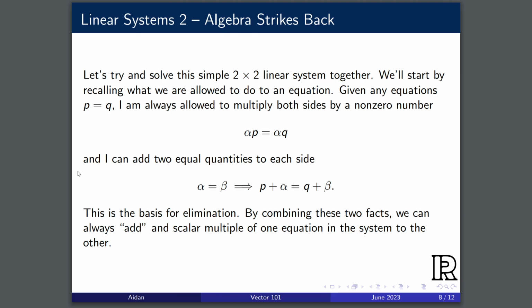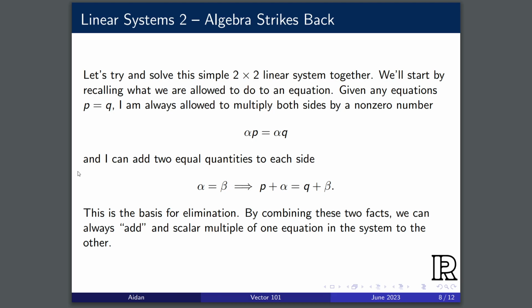Well, if I have any equation, there are a couple things that I can do that are okay. One of them is that I can multiply either side by a non-zero number. The reason it has to be a non-zero number is that I don't actually want to change what the answer will be. If I multiply both sides by 0, I will have essentially erased both sides.